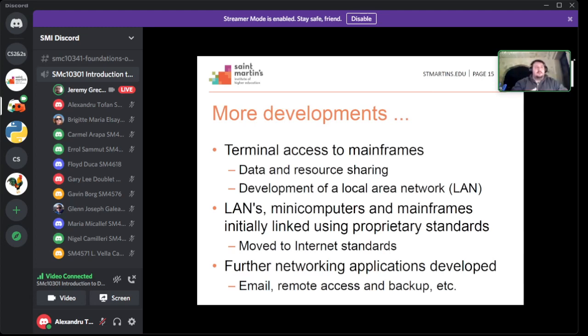If you think about it, today each and every one of you has your own machine, connected in some way, shape, or form to a router. That router in turn is connected probably to a modem.